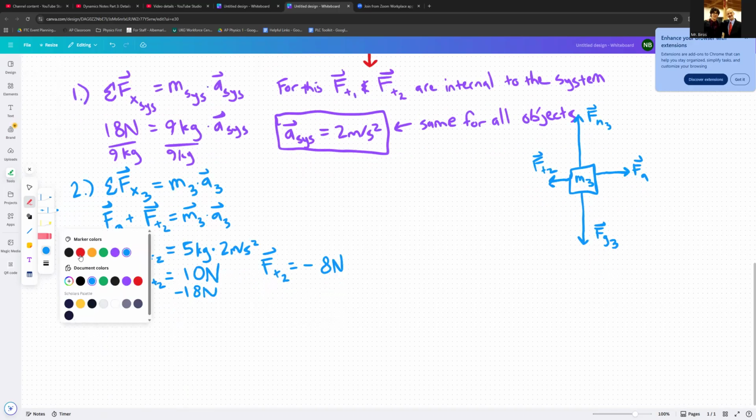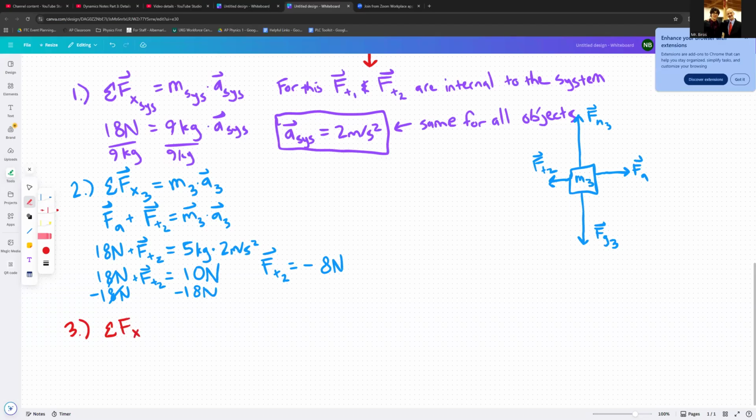So last step here, we're going to move right on down the line, and we're going to sum forces for object number 2. Do a horizontal sum of forces for object 2 equal to the mass of object number 2 times the acceleration of object number 2. Let's get a free body diagram going over here.